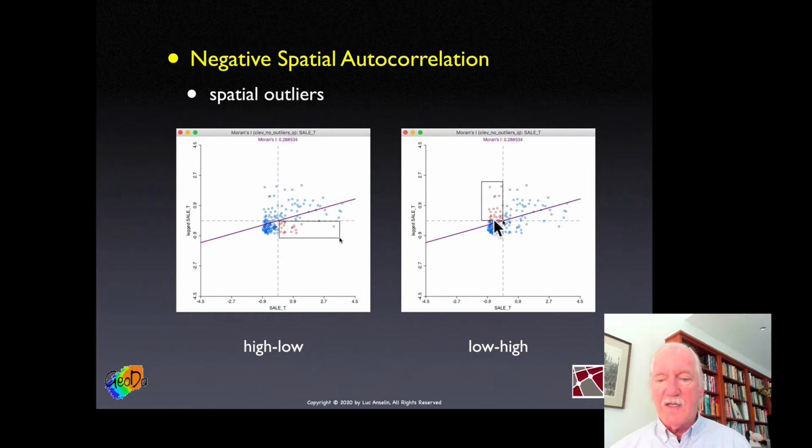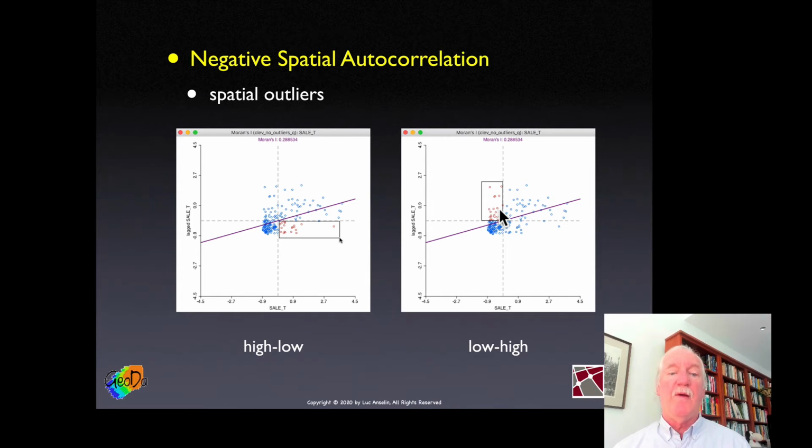And then this last situation is the opposite. We have the x variable is below the mean, is low, and it's surrounded by neighbors, the average of which is above the mean, so high. So this is a low-high negative spatial autocorrelation.